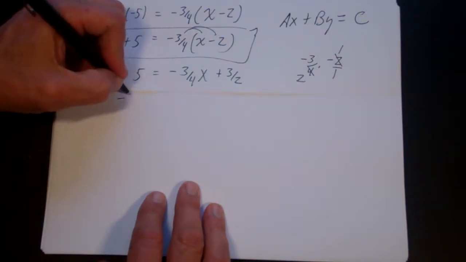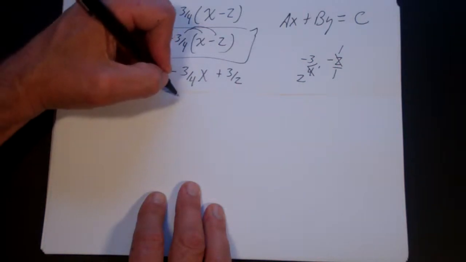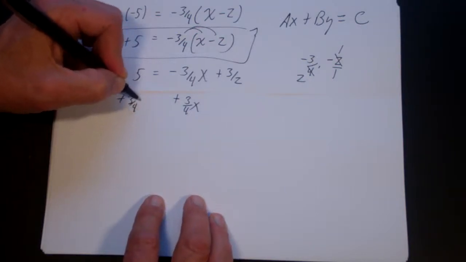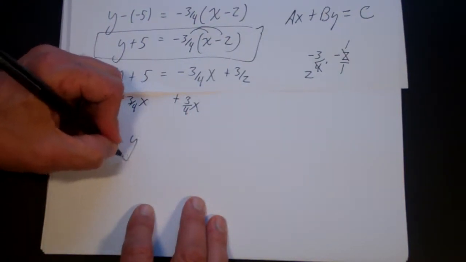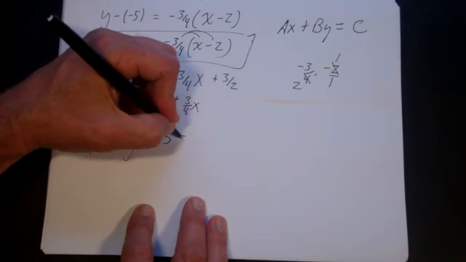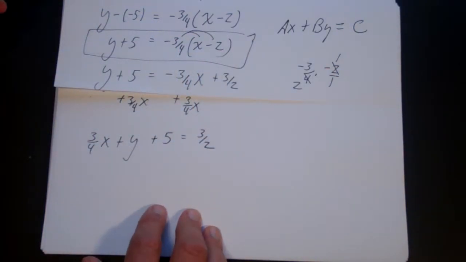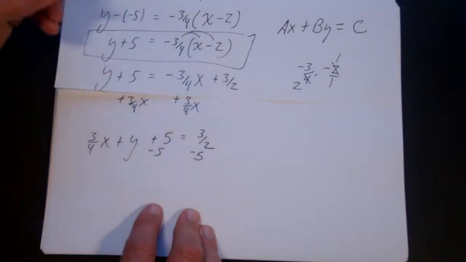Now I need to add. Let me add 3/4 x and add 3/4 x. And I have 3/4 x plus y plus 5 is equal to 3/2. I'm going to subtract 5 and subtract 5.